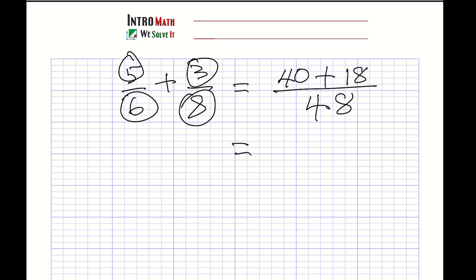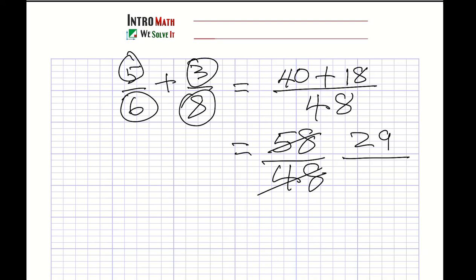And then this is equal to 58 over 48, right? And then you can reduce that. You divide this by 2 and divide that by 2. You get 29 over 24.